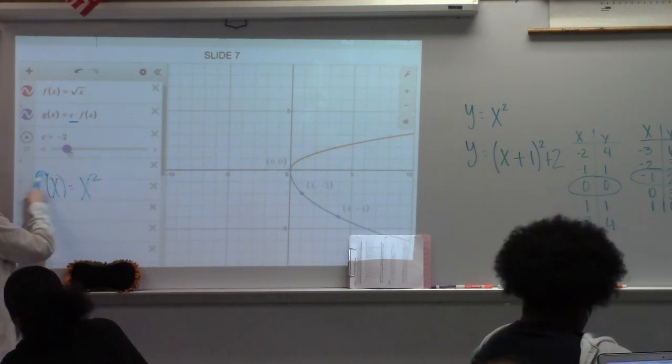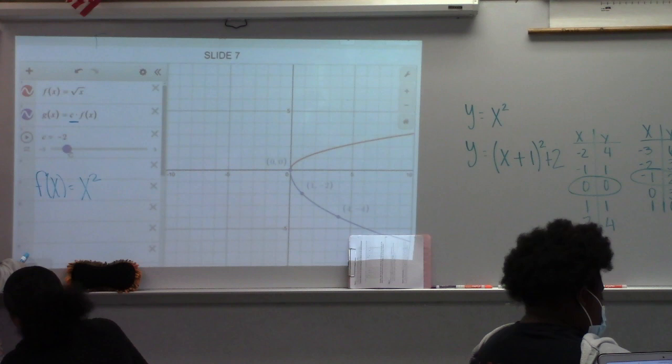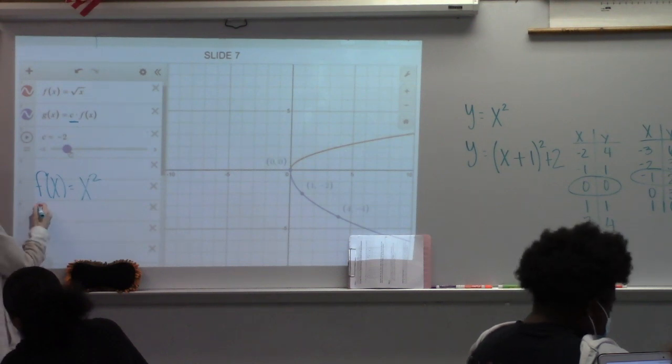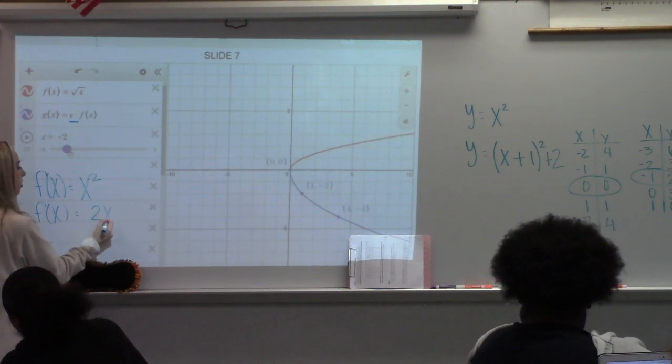The multiplication of what number to this would cause a dilation and a reflection? Give me a number. 2. So if I multiply by 2, that just causes a vertical stretch by 2.